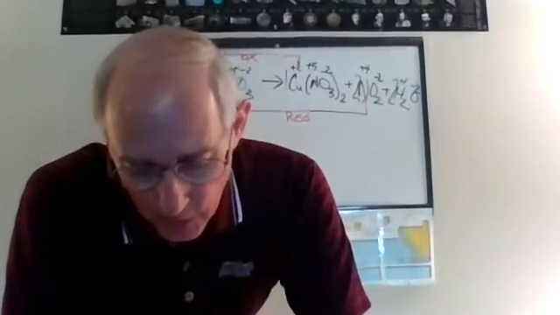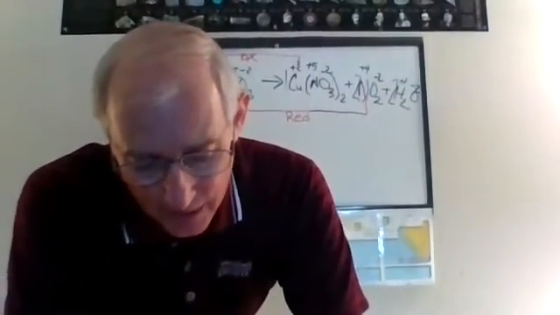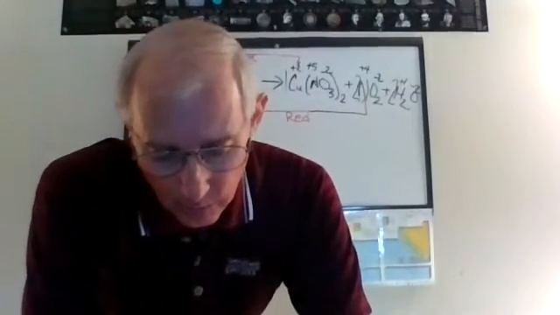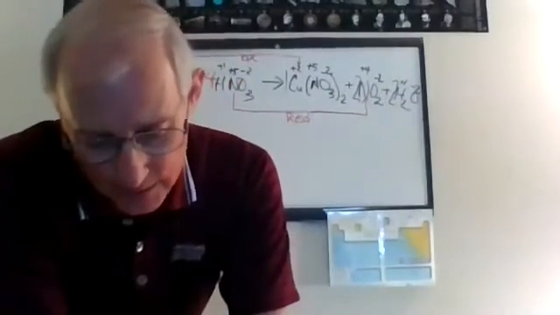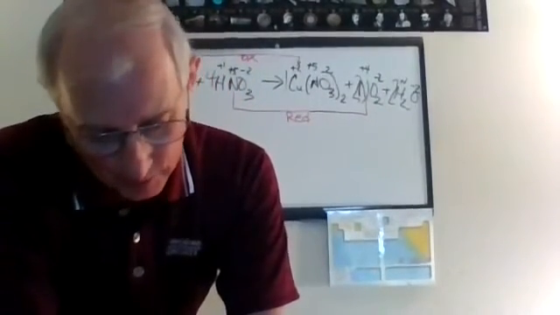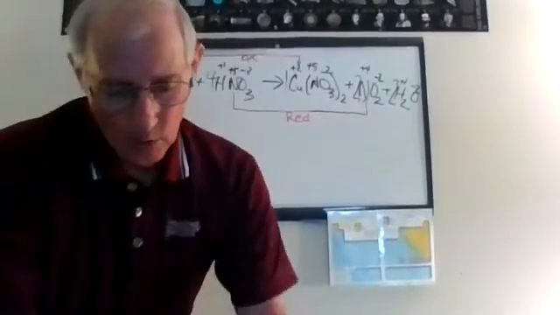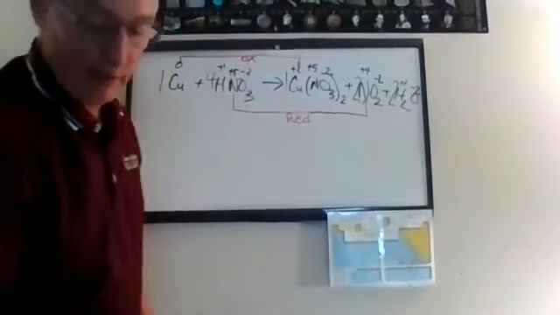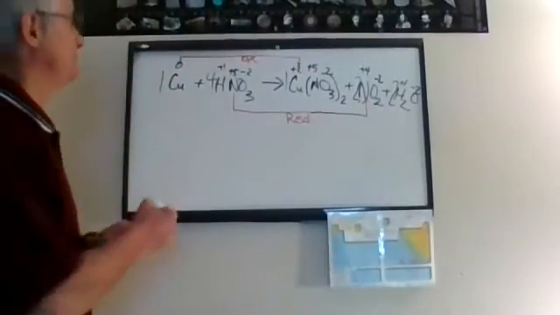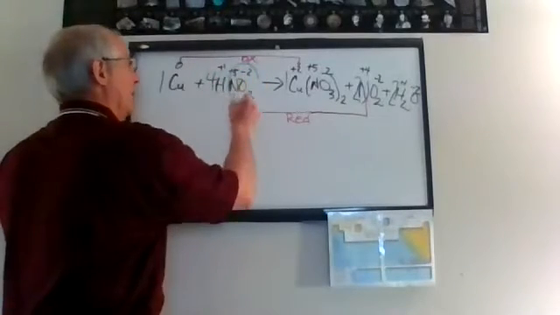Usually we refer to the oxidation or reduction of the entire molecule or the entire ion. Instead of saying that the nitrogen atom is reduced, we say that the nitrate ion, where's the nitrate ion? Right there.